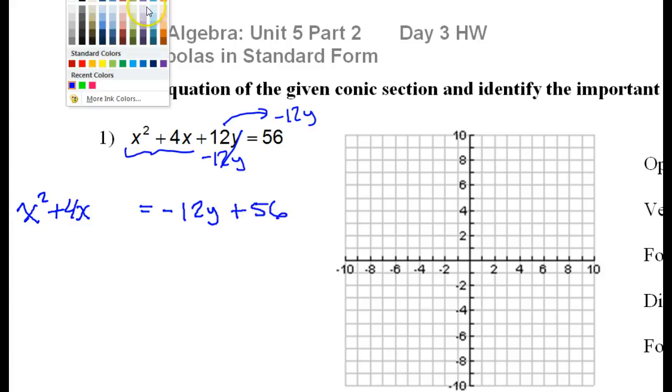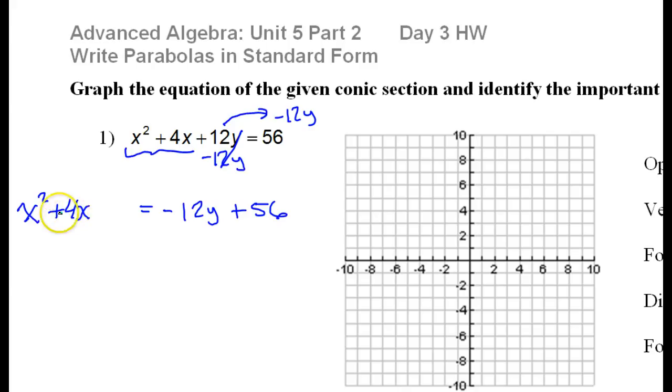Okay, so it's time to complete the square. Half of the middle squared. So half of this is 2. 2 squared is 4. So I have to add a 4. Of course, anything I add to the left, I'll have to add it also to the right. So make sure you do that. Now, the point of completing the square, this is where the parentheses come in.